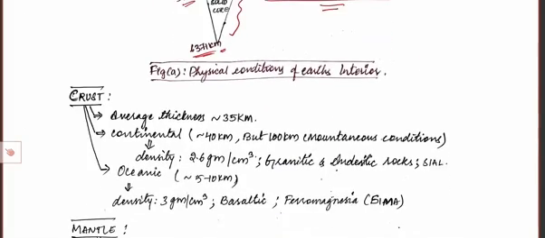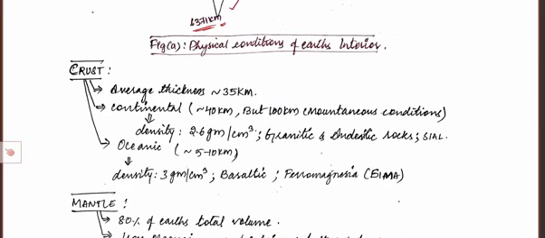So what is crust? Crust has a thickness of around 35 kilometers for the continent. For continental it is around 40 kilometers, but 100 kilometers for mountainous regions. Its density is around 2.6 grams per cubic centimeter.